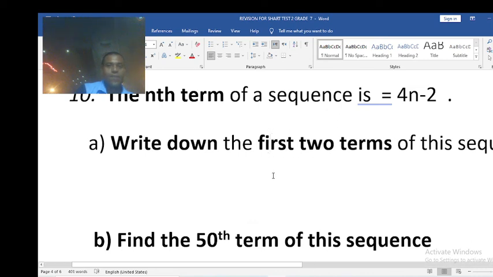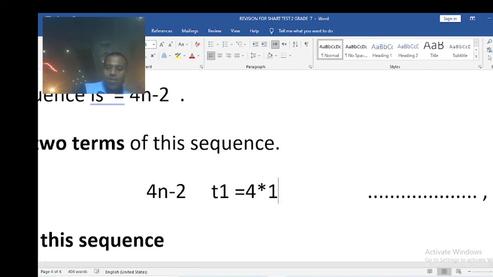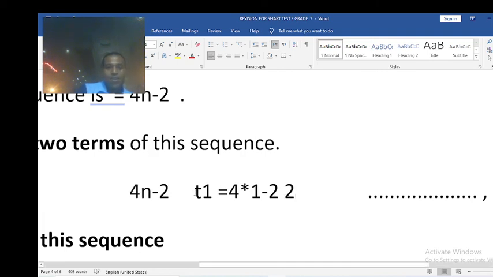The first term, learners, is t1, just substitution. I will replace n with 1. It will be 4 times 1 minus 2. 4 times 1 is 4, minus 2 is 2. So this is the correct answer.